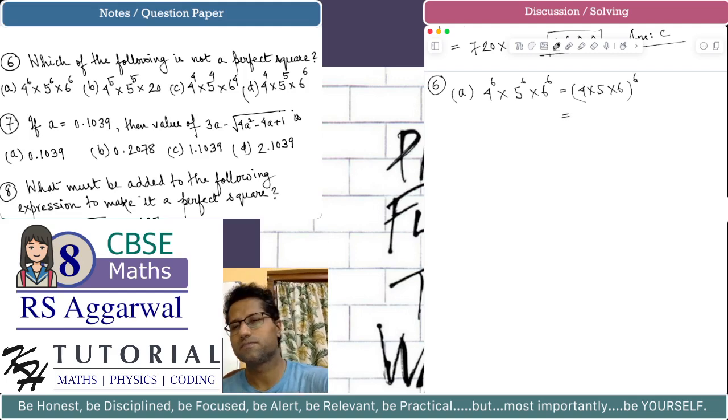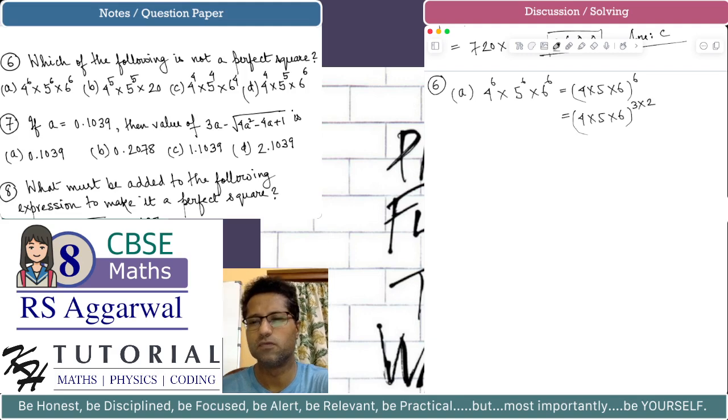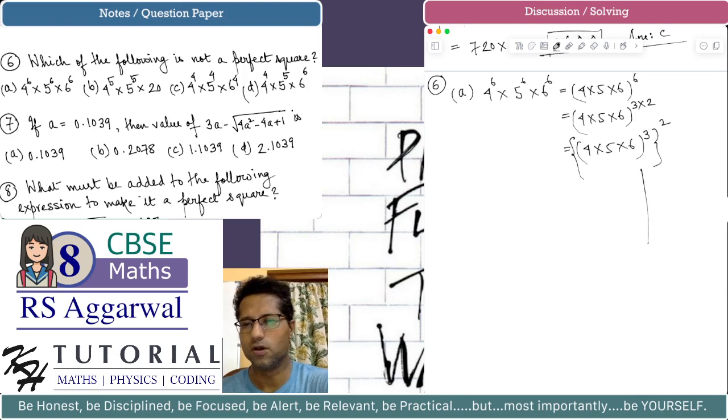Now the power 6 can be written as 3 into 2. So this is equal to 4 into 5 into 6 raised to the power 3, and this whole raised to the power 2, because from the laws of exponents, x to the power m, this whole raised to the power n, is equal to x to the power m into n.